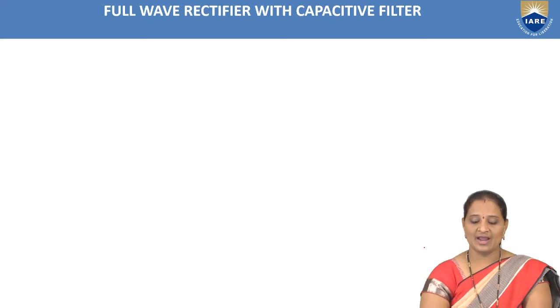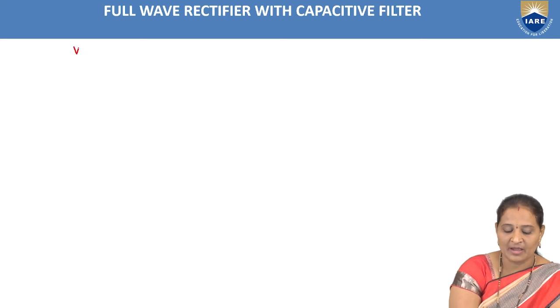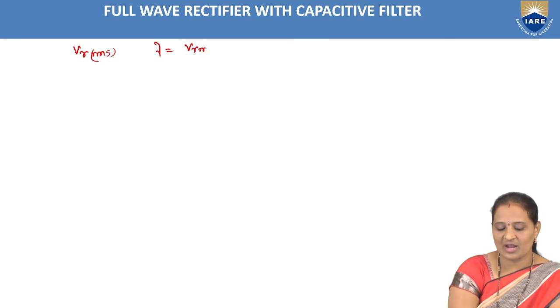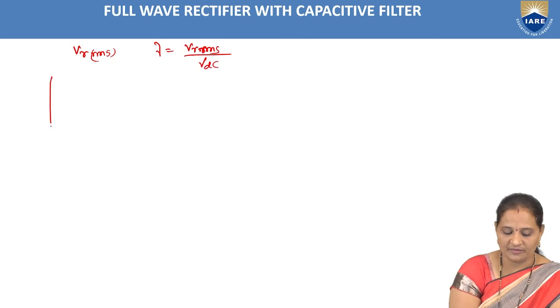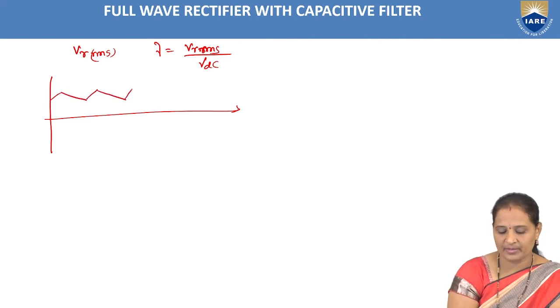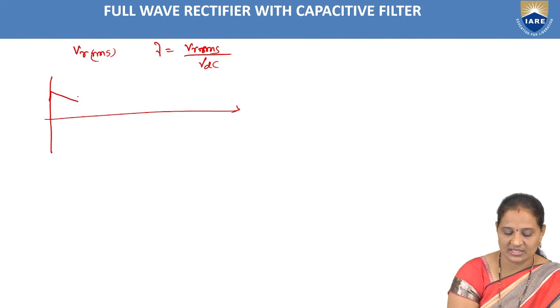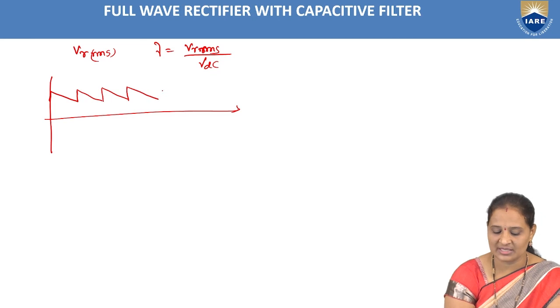Now, after finding VR peak to peak, we have to find VR RMS, because the ripple factor is the ratio of the RMS value of the ripple voltage to the average value. For that we consider the waveform, which is just like a sawtooth waveform. We assume the charging time constant is 0, because the forward resistance of the diode is 0.